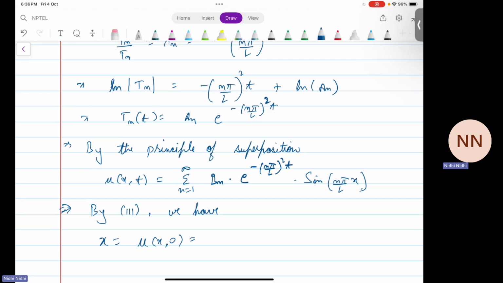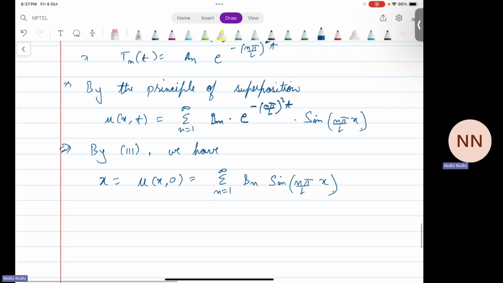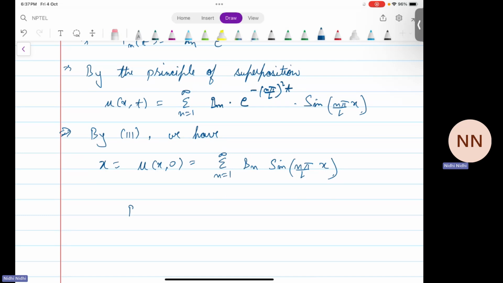Now putting t equals to 0 here, since e to the power 0 is 1, we have this is equal to summation n from 1 to infinity bn times sin (n pi by L) x. Now from here we know how to evaluate these coefficients bn. They are basically integration 0 to L x times sin (n pi by L) x by integration 0 to L sin square (n pi by L) x dx.